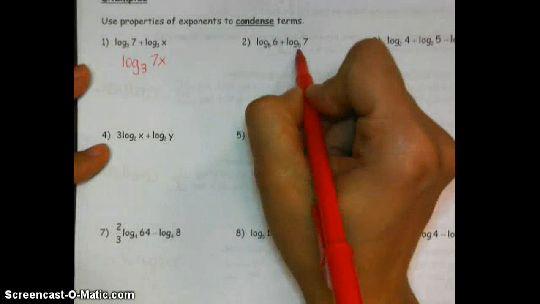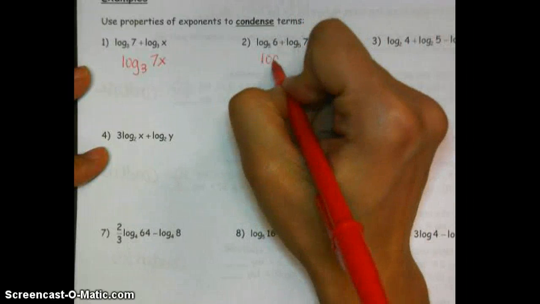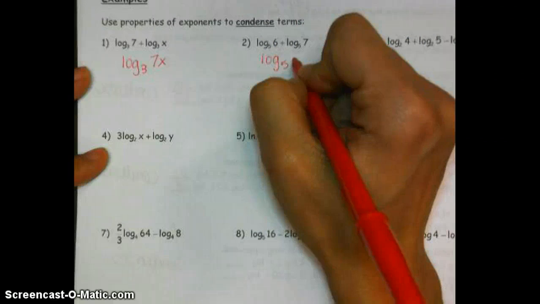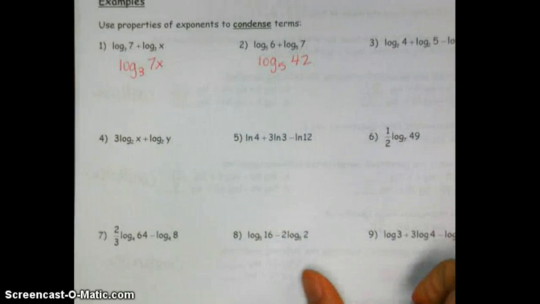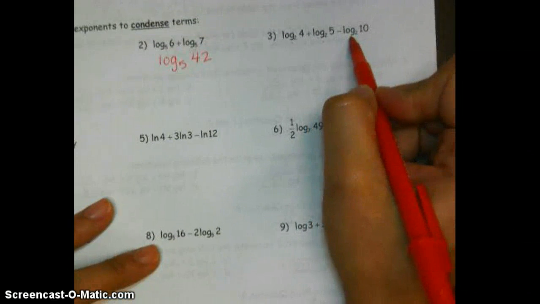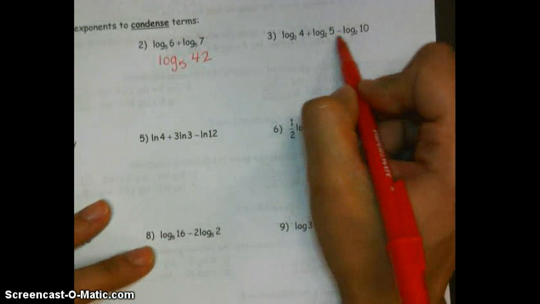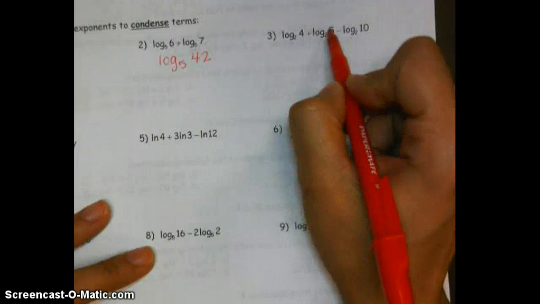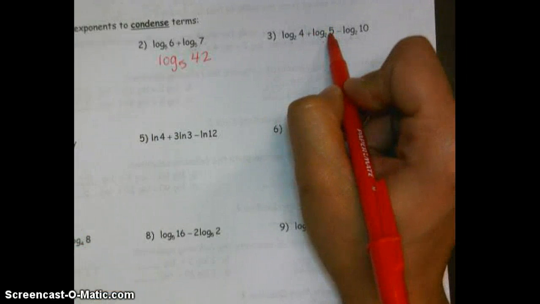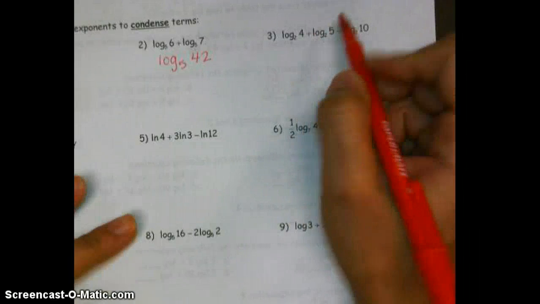Okay, these both have log base 5, so I can condense it and take my arguments and multiply them. Okay, this one that has 3 log functions all have base 2. This one is an addition, which means in condensed form it will be a multiplication of the arguments.